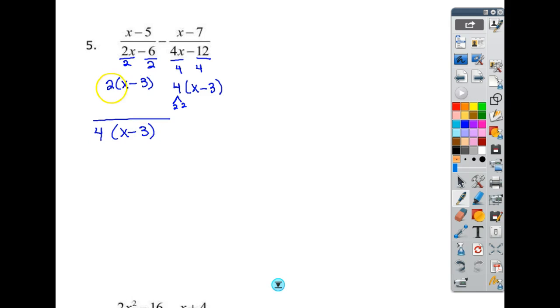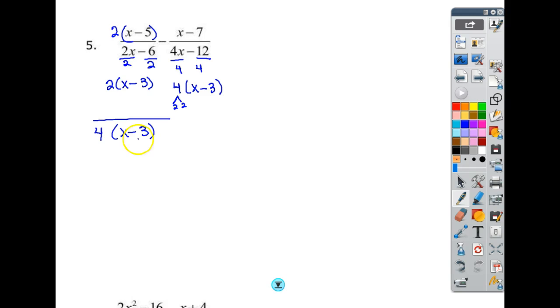A 2. Okay, if I multiply this 2, x minus 3 by 2, it'll give me 4, x minus 3. So that's what I multiplied this by up here, a 2. So in this case, it really didn't help a whole lot to say what's missing or what's different. We had to change the question around a little bit and say, what do I multiply it by? Okay, and sometimes that happens.